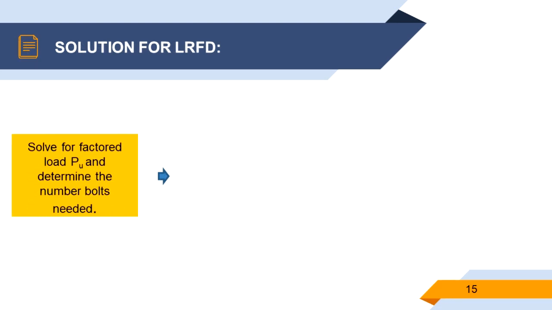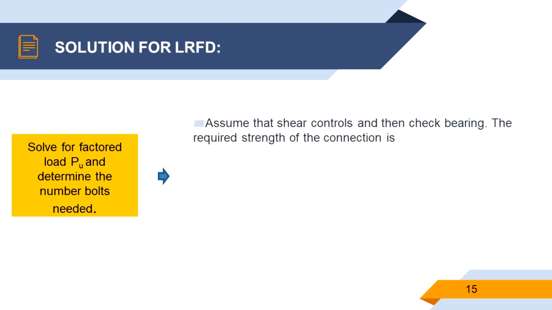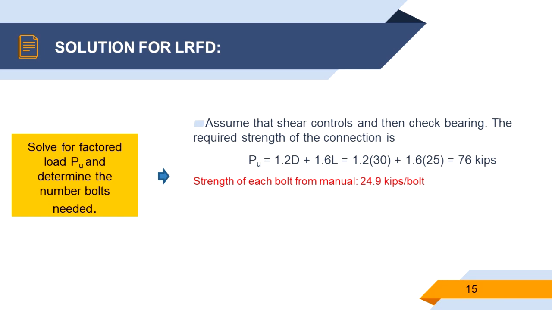Now we will solve for factored load Pu and determine the number of bolts needed. Assume that shear controls and then check bearing. The required strength of the connection is Pu equal to 1.2 dead load plus 1.6 live load, and substituting the value we get 76 kips. Strength of each bolt from manual is equal to 24.9 kips per bolt.